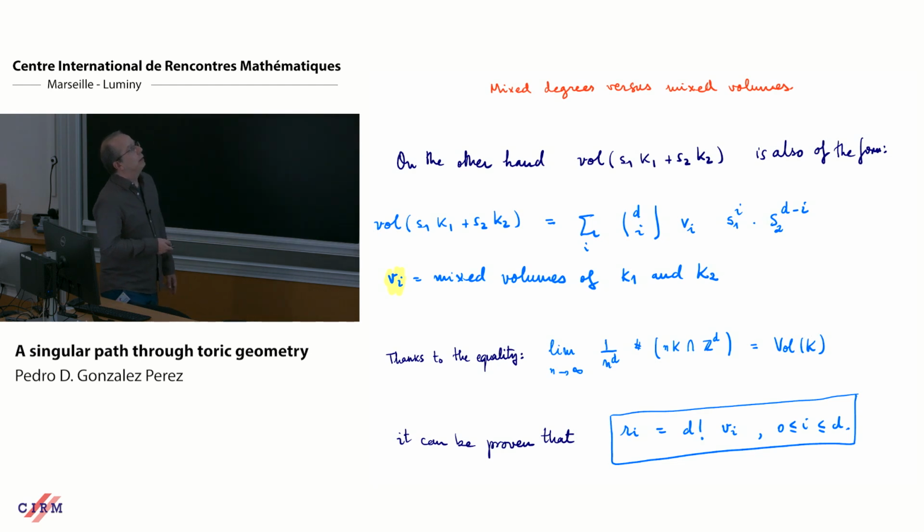Now we can compare these mixed degrees with the mixed volumes. So we have a similar writing for the volume of this Minkowski sum, as we saw before, so that we can compare using this fact which relates the volume of a polytope with taking the homothety of the polytope and counting the points.